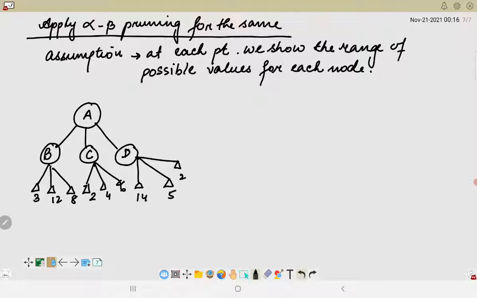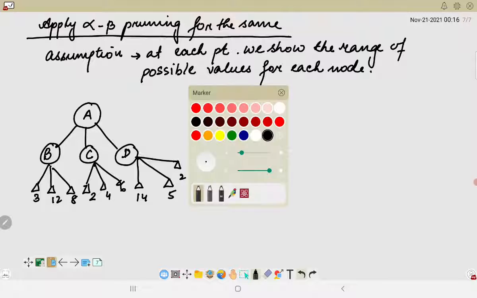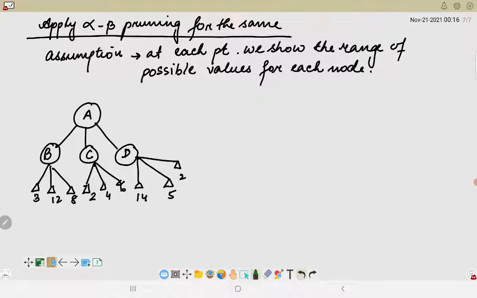So first we have to associate a range with each of them. Initially we'll be looking into B, and in B we will be associating minus infinity to infinity. This is the range that the node B can have.